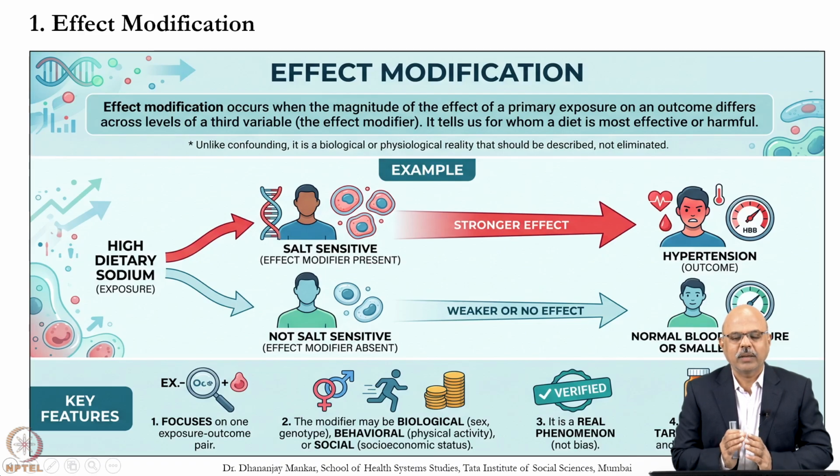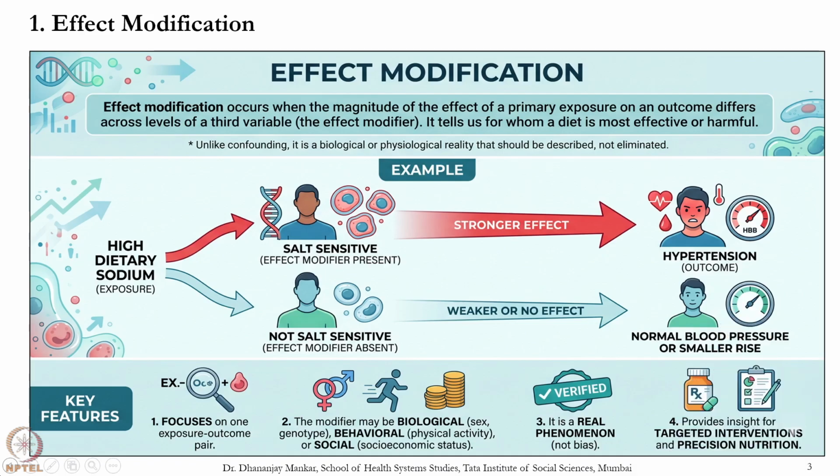Unlike confounding, this is a biological or physiological reality that needs to be described, not eliminated. Here you can understand with an example. Here it is being shown that a high dietary sodium exposure, and a salt sensitive effect modifier present over here, and then comes the non-salt sensitive, effect modifier absent.